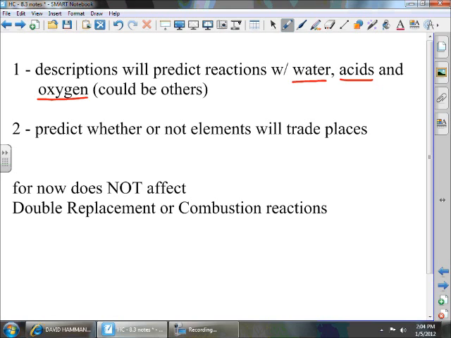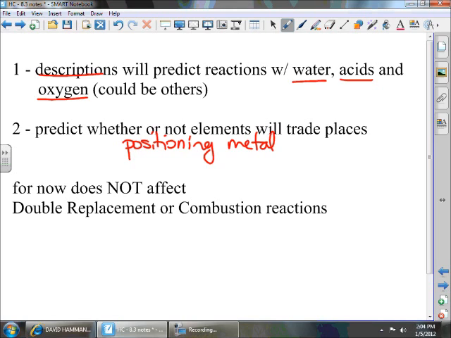The second thing this chart is going to tell us is whether or not metals will be able to trade places. So the actual predicting of, will a replacement reaction occur? Now, you've got descriptions for the first part. In the second one, the actual positioning of the metals on that chart, the vertical positioning, is going to help us with that. It's like a ranking system.